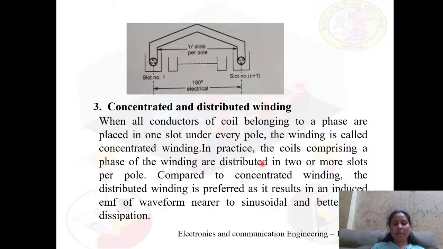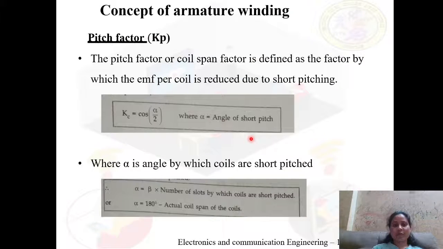So if we place the conductors in a single slot of the pole and keep the other slots empty, then such windings are called concentrated winding. That is, if we accommodate all the conductors in one slot and keep the other slots empty, we call such winding concentrated winding. And if we distribute the conductors in all the slots, then we call such windings distributed winding. Okay, so these are the types of armature winding.